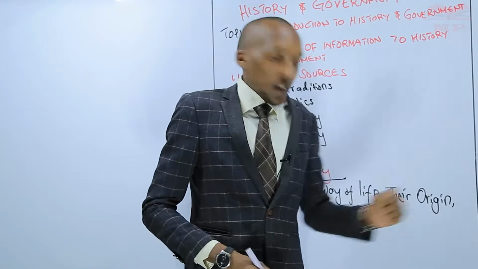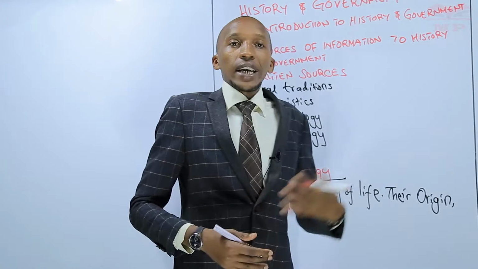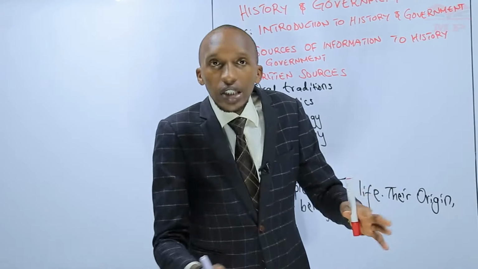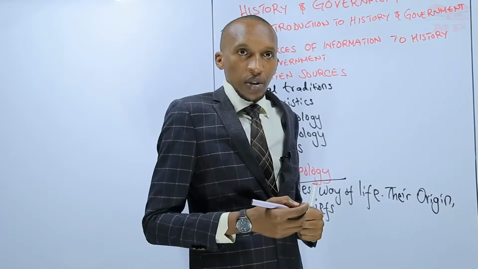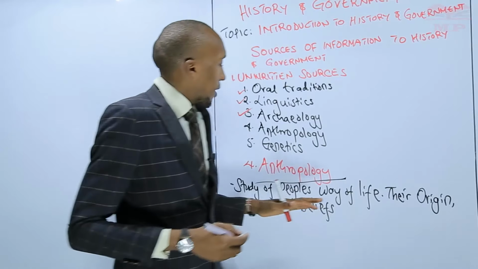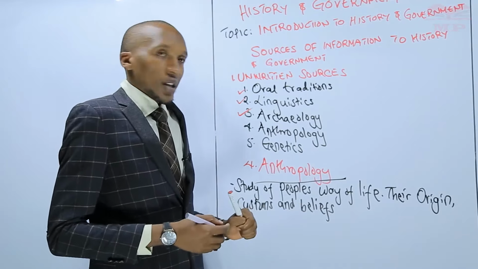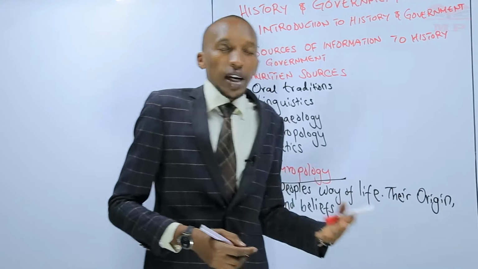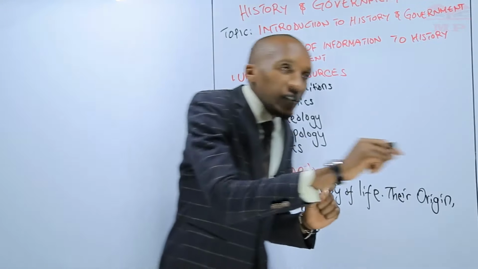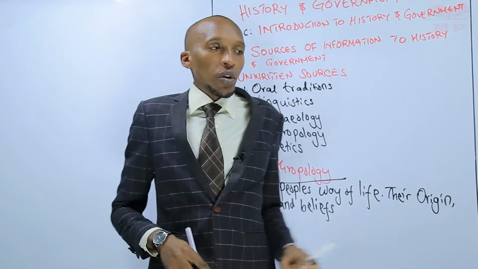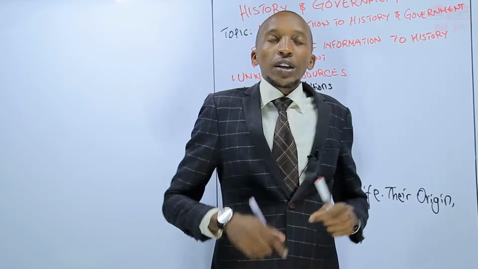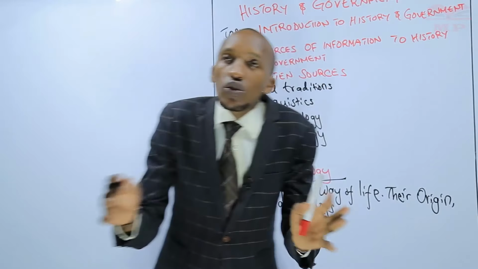How do they pray? How do they interact? How do women interact with men? How do children interact with the elders? That is another source of information concerning history and government. So by observing, a scientist will be able to know the practices of this community, of this group of people.